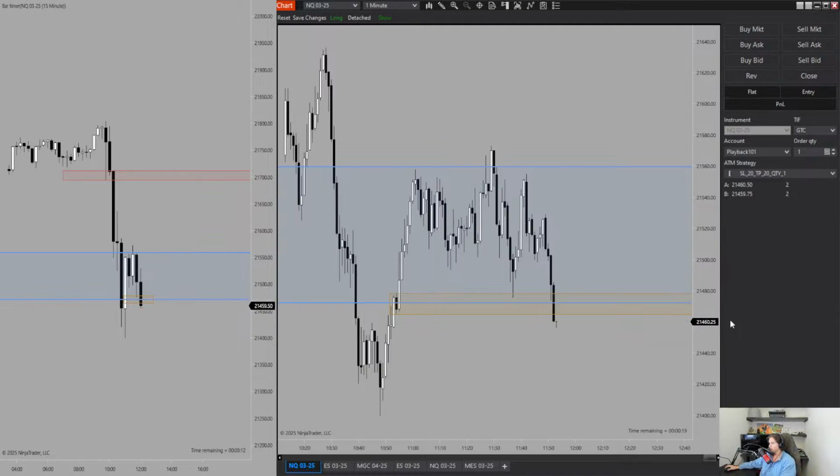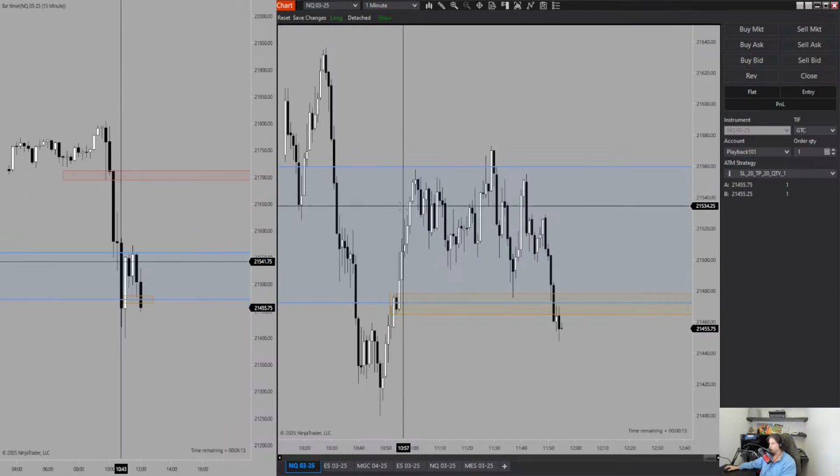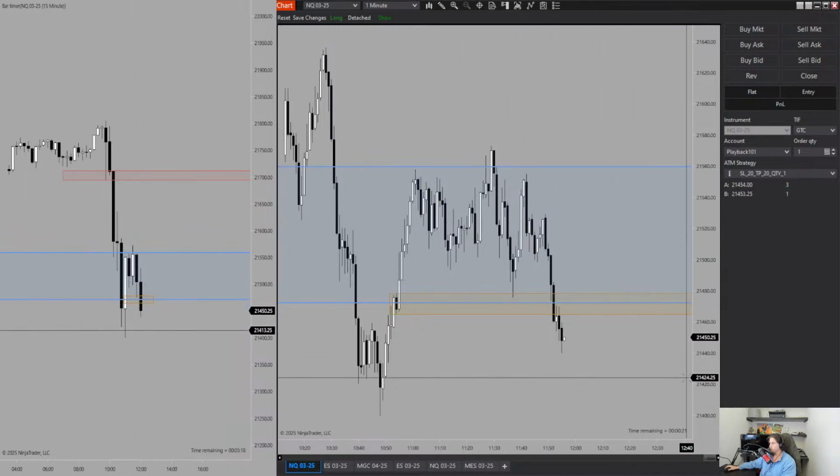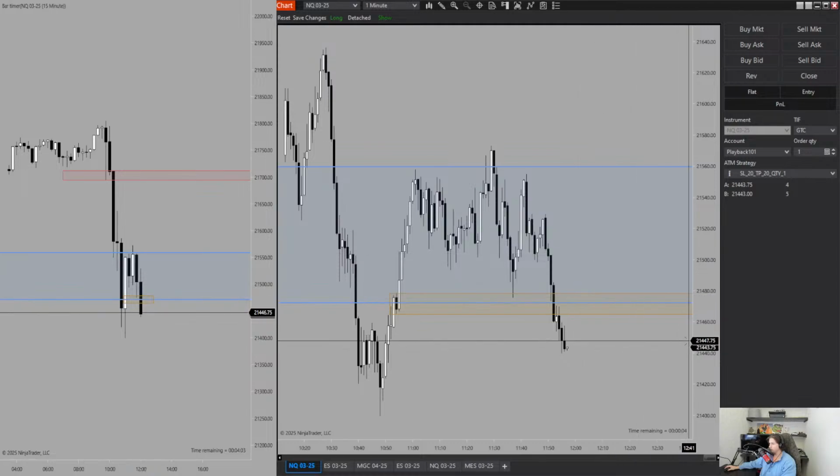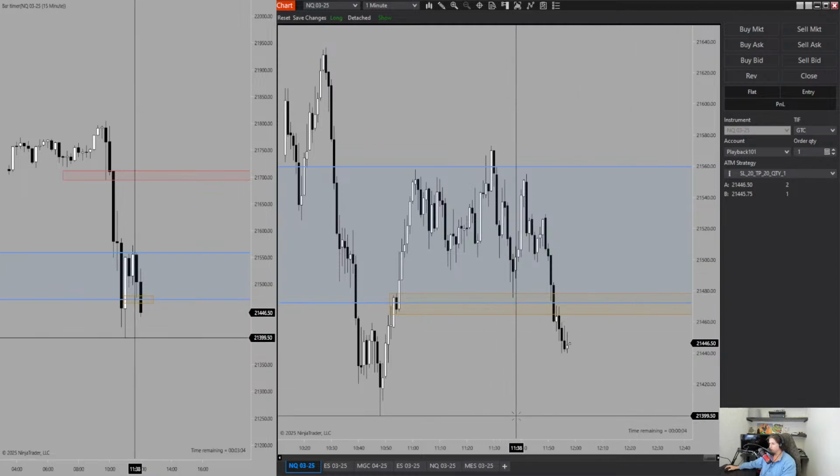All right, so I went and took the low again. This looks a little bit like a head and shoulders right here. Not really interested in it until it takes this low.